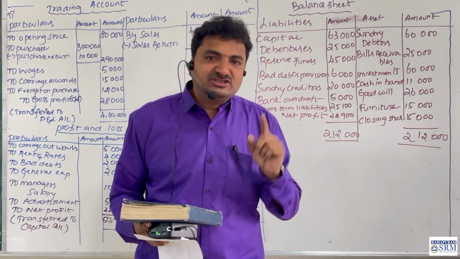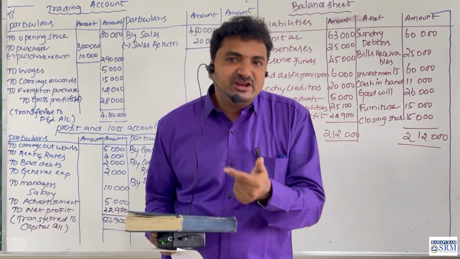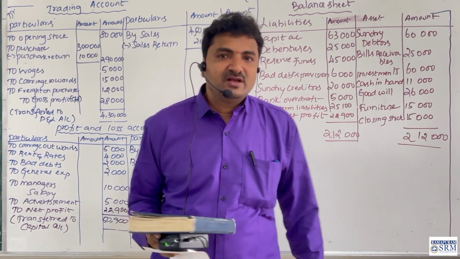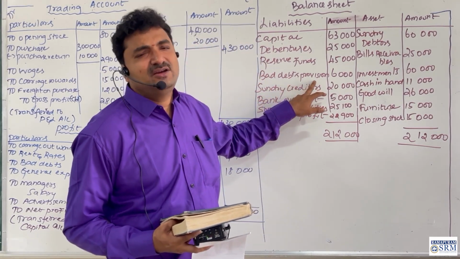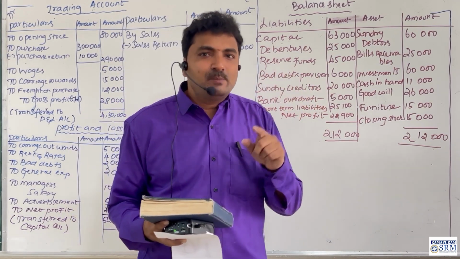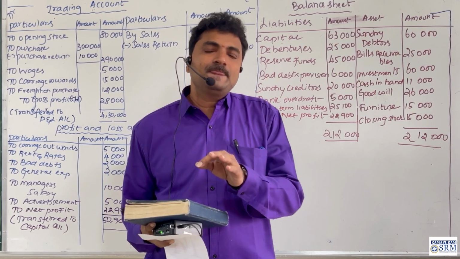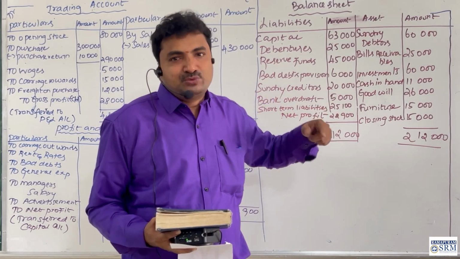So one of the major important aspects you have to concentrate on is savings from profit, reserve fund, bad debts provision. For example, due to any situation, if your company is not able to get money from suppliers or some other party, bad debts will come.